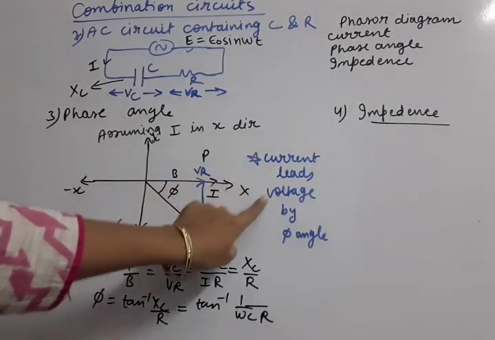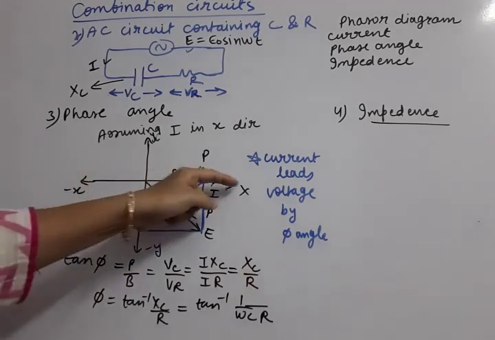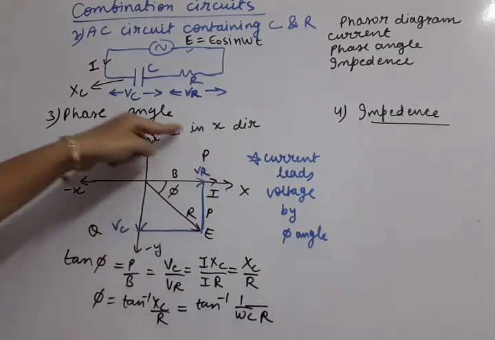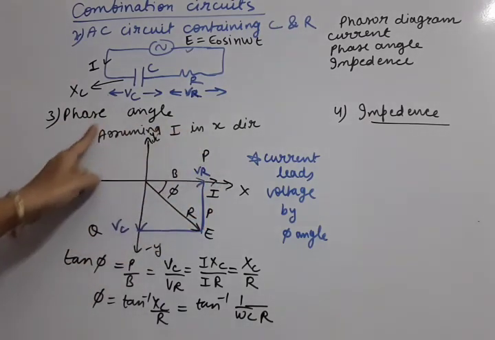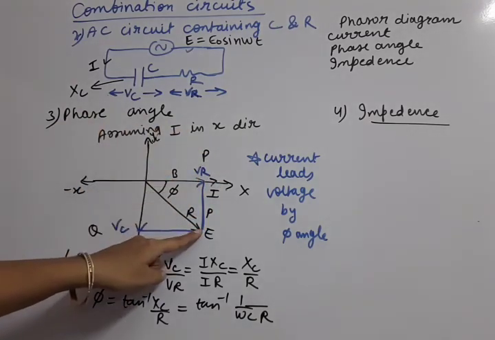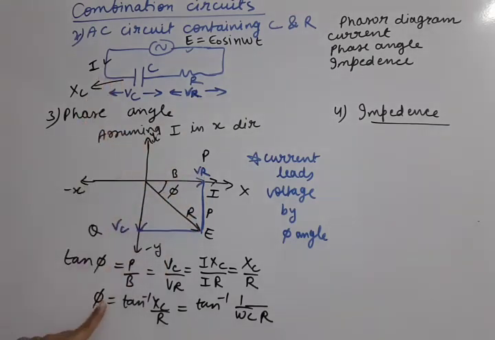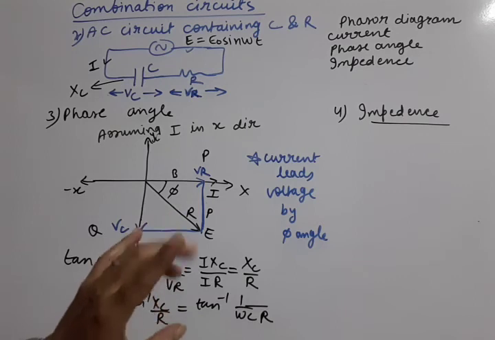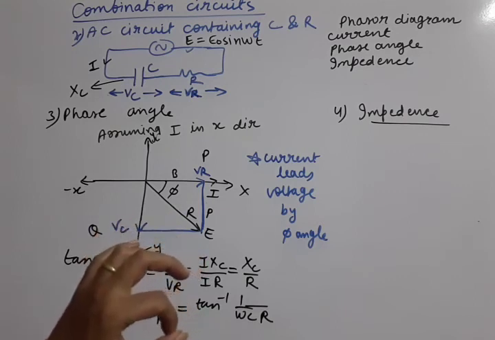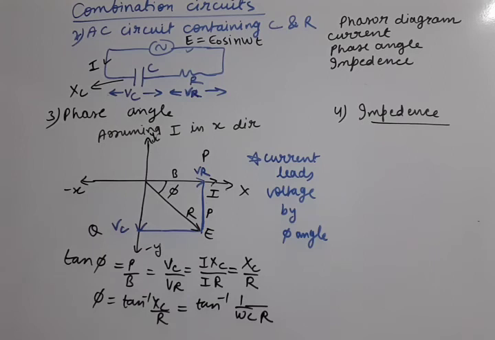Here current leads voltage by phi angle. You can see current is here, voltage is here. Who is moving ahead in this direction? Current is ahead, voltage is behind. So current leads by how much angle? By phi angle, and phi depends on omega C R. So you have to remember: for L or LR circuit voltage leads, and for C or CR circuit current leads. I am writing this in the last sheet also, so remember these points.